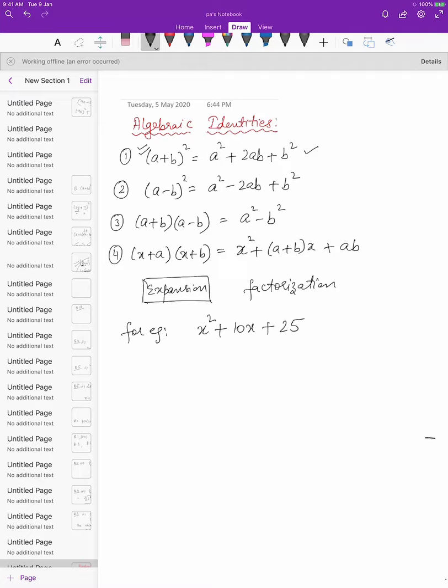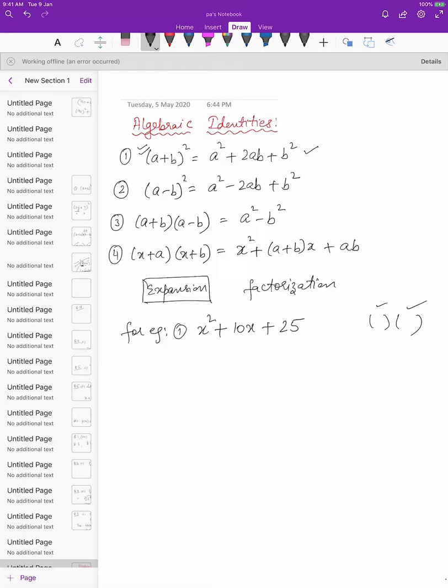As I told you earlier, if it is given in terms of the product of two factors, then you can say it is the factorized form. But here this is the expanded form, it is not in the factorized form. And now my question is, factorize the expression x square plus 10x plus 25.